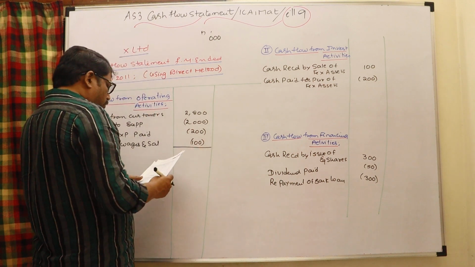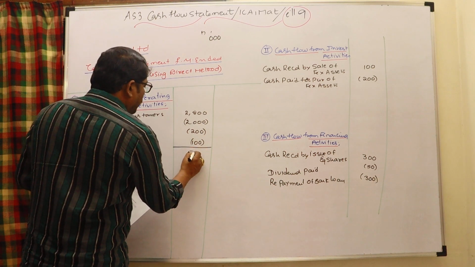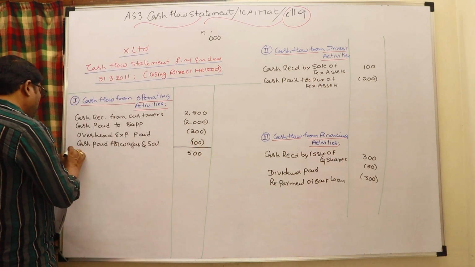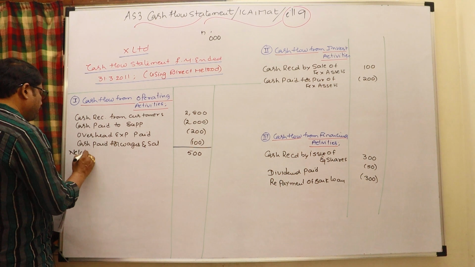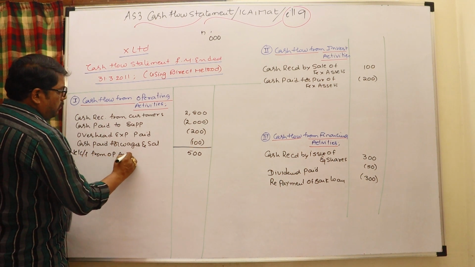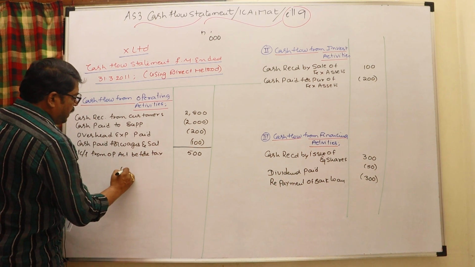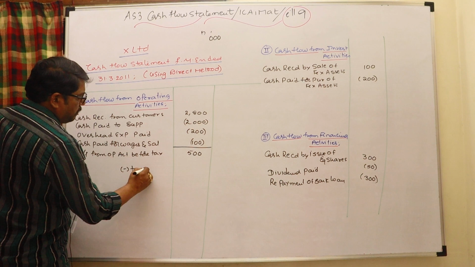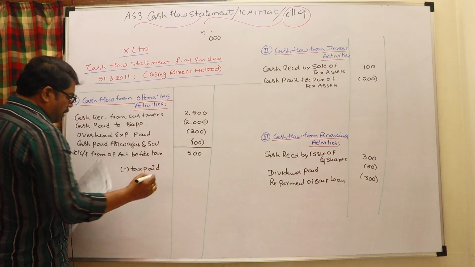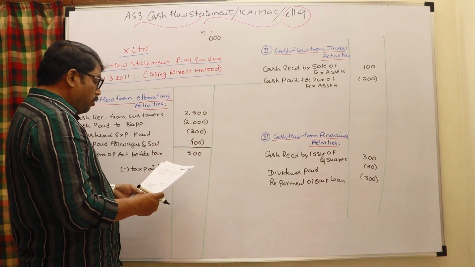There is 1 plus item and 3 minus items. The resulting amount we can say is 500. This is net cash flow from operating activities before tax. Minus tax paid. How much tax paid?